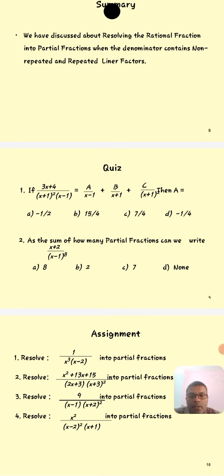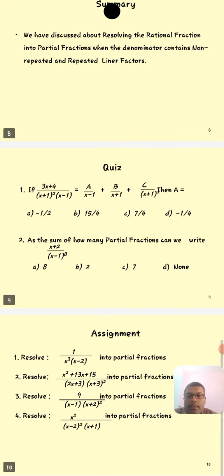So how to write in partial fraction format? A by 2x plus 3 plus b by x plus 3 plus c by x plus 3 whole square. So here we have to find the a value, b value and also c value using the substitution method or comparing the coefficients. Okay.